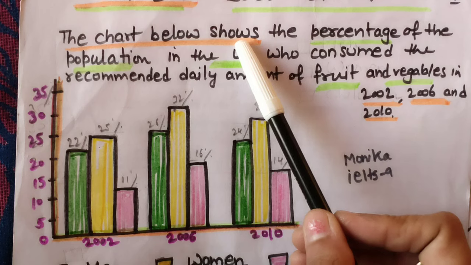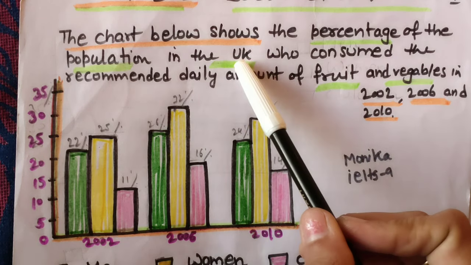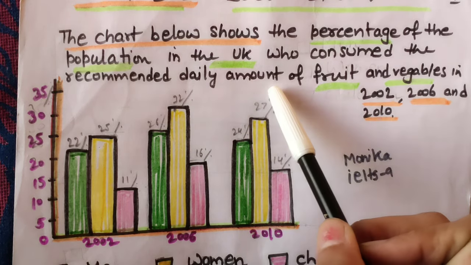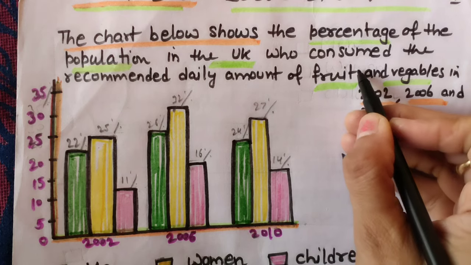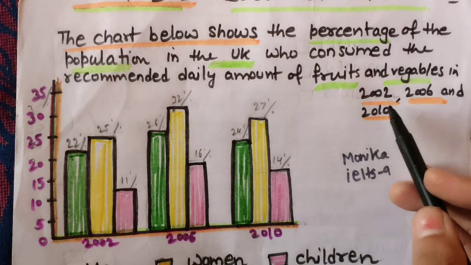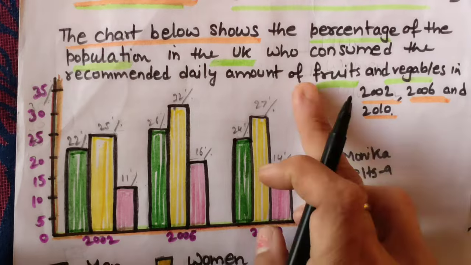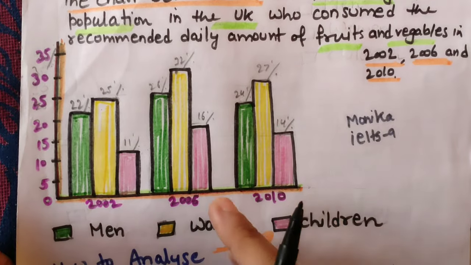The chart below shows the percentage of population in the UK who consumed the recommended daily amount of fruit and vegetables. It must be fruits, I think, my mistake, in 2002, 2006 and 2010. Okay, so the percentage of population who consumed fruits and vegetables in their daily routine.